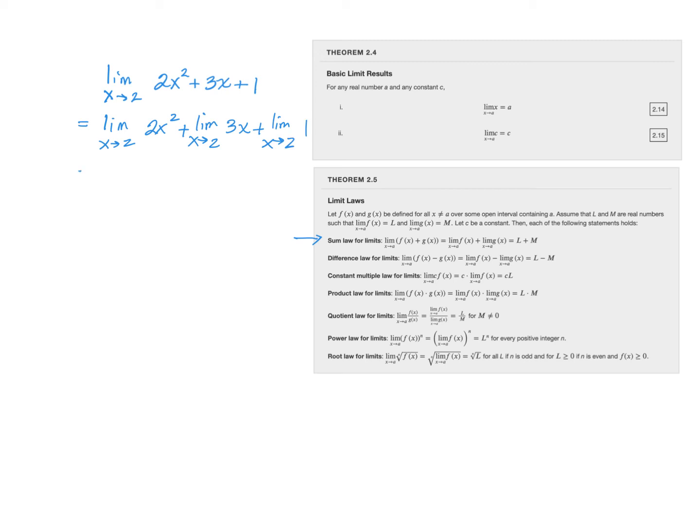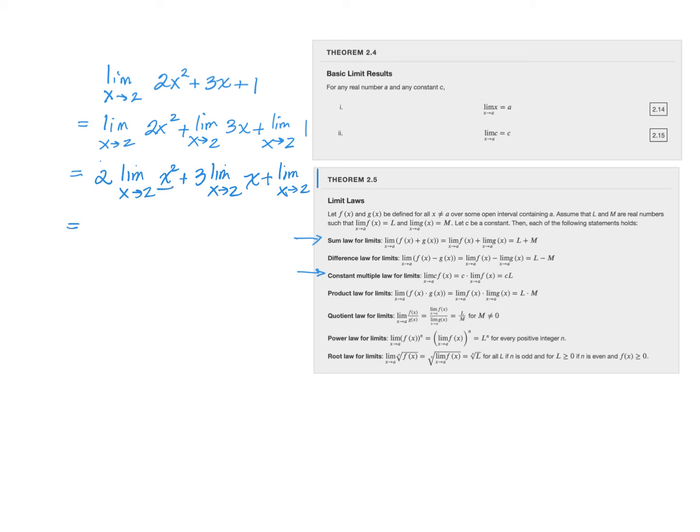Now, using the constant multiple law for limits, I can pull the constant out front. So I get 2 times the limit as x approaches 2 of x squared, plus 3 times the limit as x approaches 2 of x, and then plus the limit as x approaches 2 of 1.